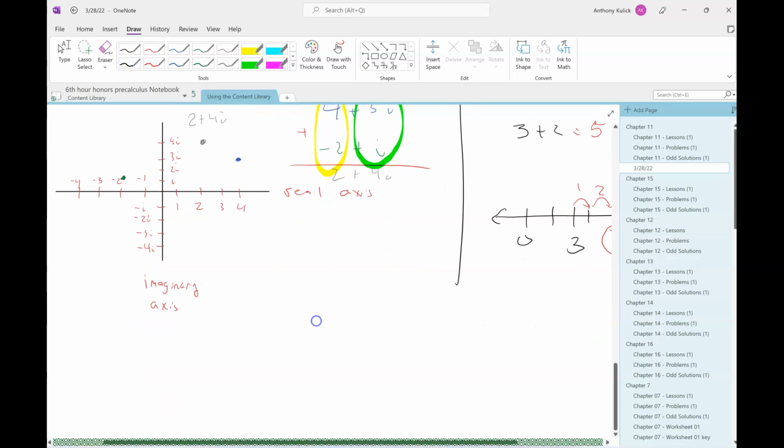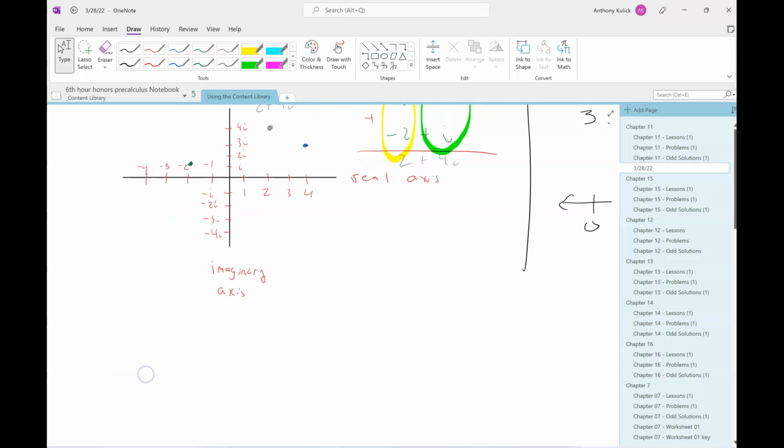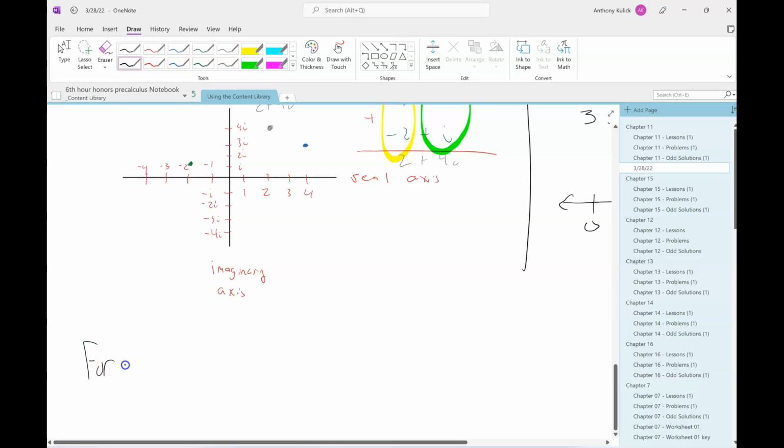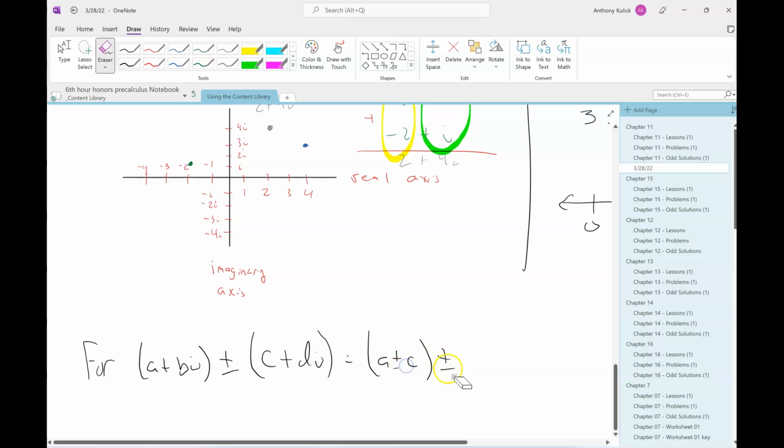Very straightforward. Everybody agree? I just want to connect the complex plane to this so it doesn't feel like, why are we talking about the complex plane? So we have here for a plus bi plus or minus c plus di, we get a plus c plus or minus b plus or minus d i.